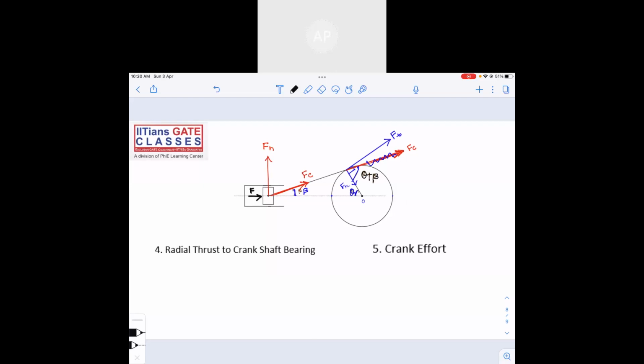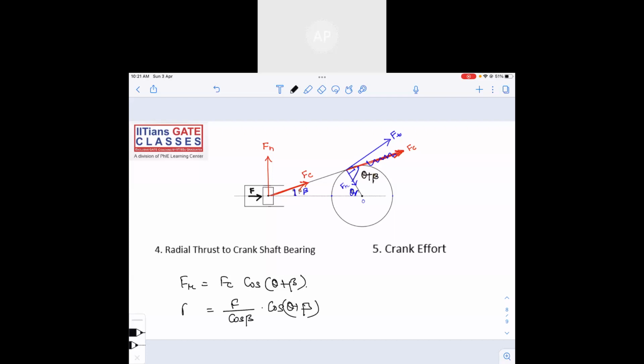Now, radial thrust to the crankshaft bearing. So what is the radial thrust? Can I say radial thrust, that is Fr, is equal to Fc cos of theta plus beta. In terms of piston effort F, Fc is F by cos beta, so Fr is F by cos beta into cos of theta plus beta.